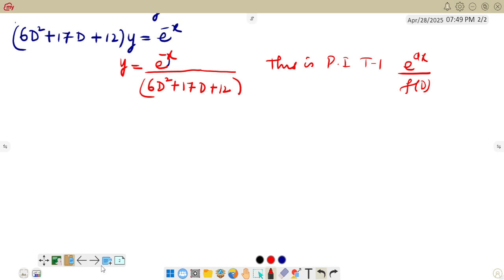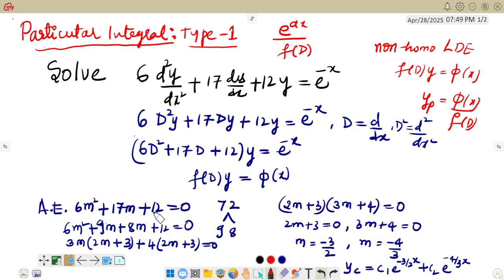Just to go back to the previous slide, type 1 example is e raised to ax divided by function of D. How to evaluate this?